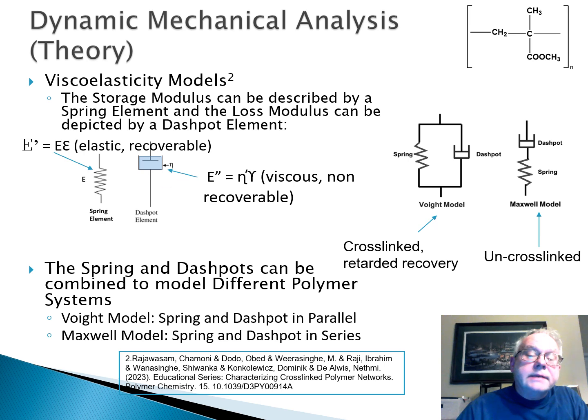The dash pot can be considered a pot with a viscous liquid with a plunger in it. As stress is applied, the plunger resists the stress, but once the stress is removed, it does not recover like the spring element does. The spring and the dash pot can be combined in parallel like this, which describes cross-linked properties, or in series like this, which describes uncross-linked molecular motion.